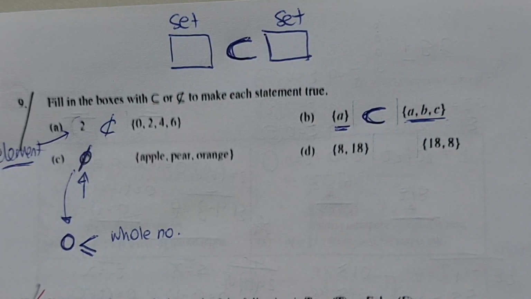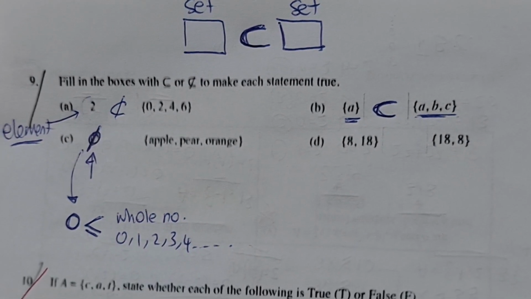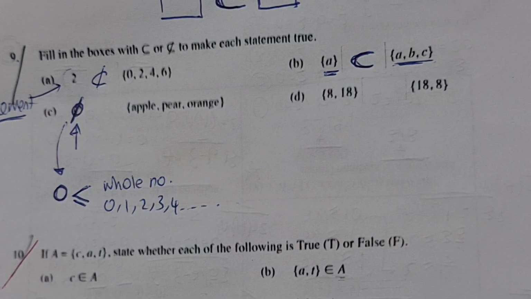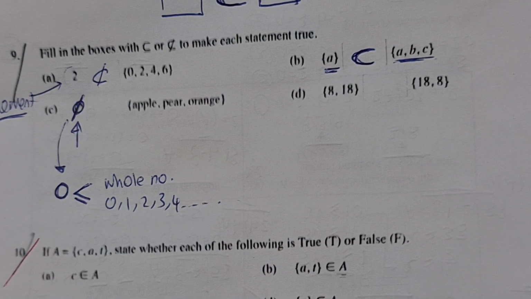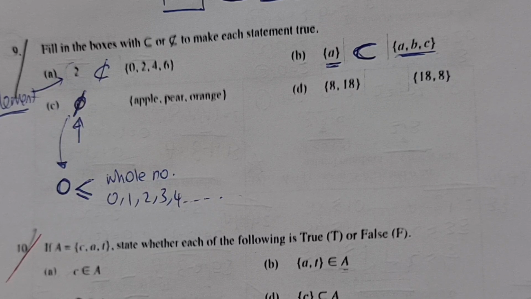Whole numbers actually start from 0, 1, 2, 3, 4, correct? Am I right to say that? So the smallest of all is 0. Out of the whole numbers, the smallest is 0. That's the smallest it can go. So 0 must be smaller or equal to any other number. Agree? So this is the same concept.